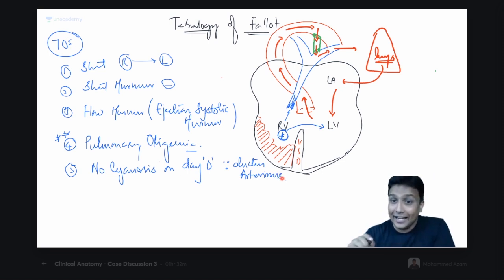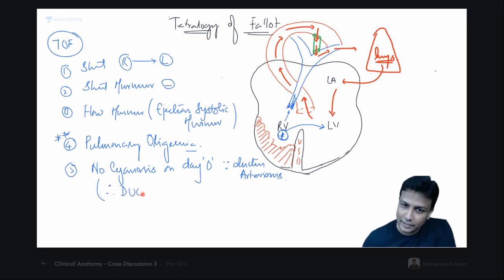And if you are interested, I'll tell you something a little more in depth. The circulation is taking place through the ductus arteriosus. That is why this type of circulation is known as ductal dependent pulmonary circulation.